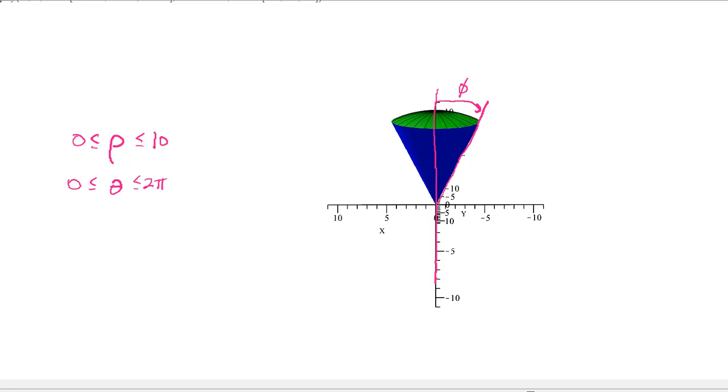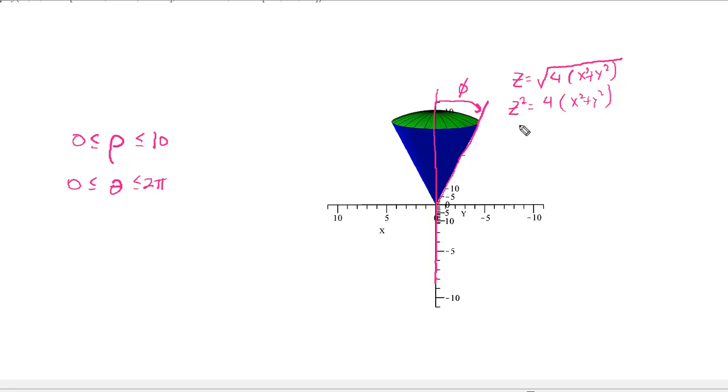So to find the value of phi, we're going to take the equation of the cone. Our equation of our cone was z equals the square root of 4 times x squared plus y squared. Now converting this, we will square both sides and have z squared equals 4 times x squared plus y squared.